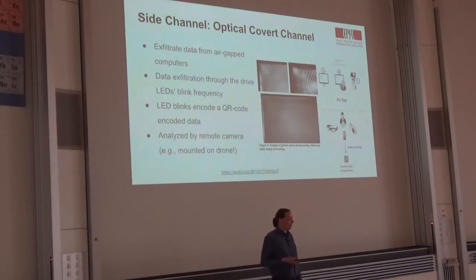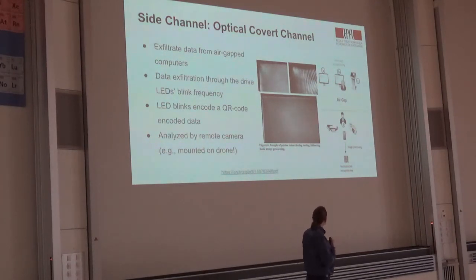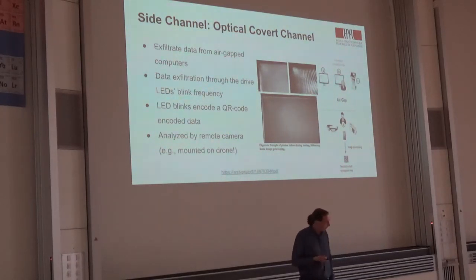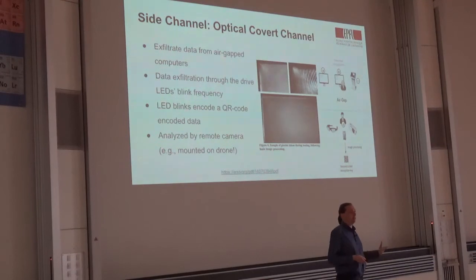In this particular attack they used the LED on a disk drive or something like that. All it does is take secret data and turn it into basically Morse code, blinking it out through this LED.